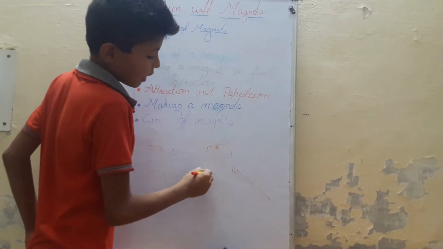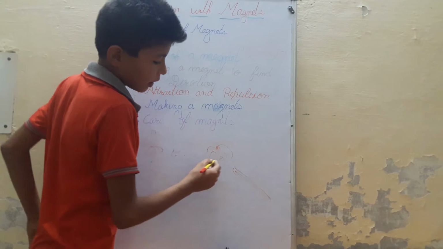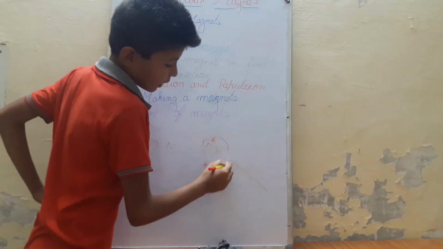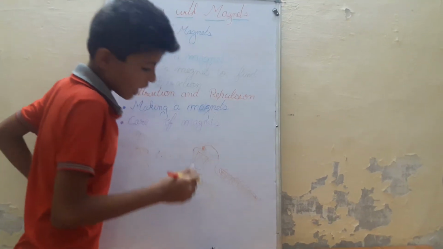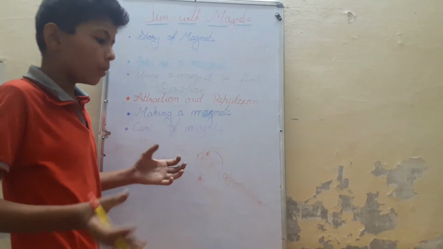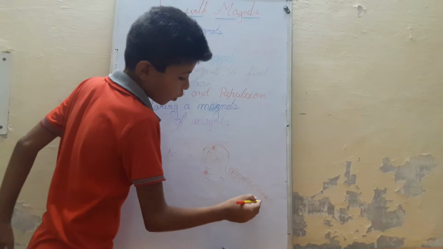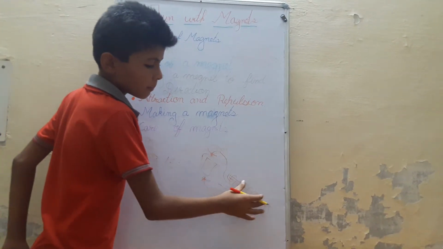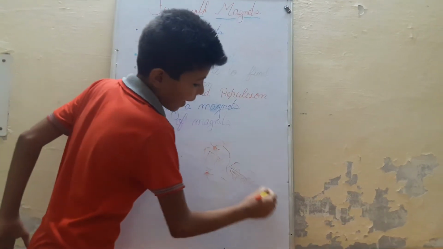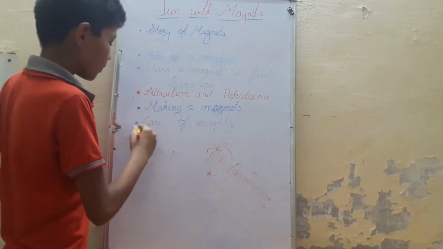Connect the copper wire to the cell or battery. Then wrap the copper wire around the steel. The more you wrap, the more powerful the magnet will become. When the wire is removed, it is not a magnet anymore.